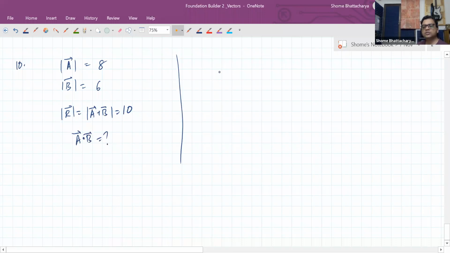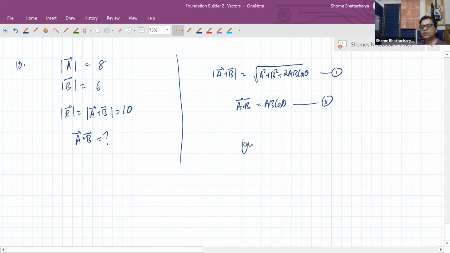Okay, so this is very easy. You can just use the principle that mod of A plus B is square root of A square plus B square plus 2AB cos theta. This is the first thing, and A dot B is defined as AB cos theta. That is the second thing. So from equation 1 you can see that if you square the magnitude of A plus B, you get A square plus B square plus 2AB cos theta.